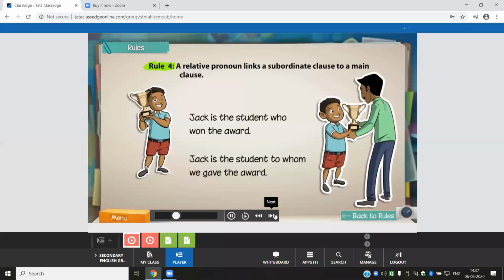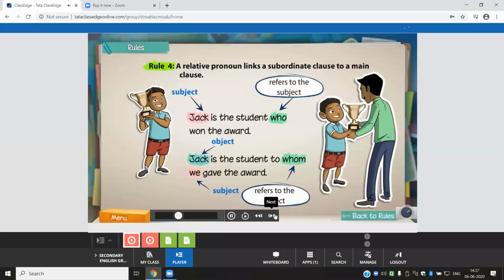The relative pronouns who and whom are used to refer to a person. Notice the correct use of who and whom in these sentences. Who is usually used to refer to the subject, whereas whom is used to refer to the object.